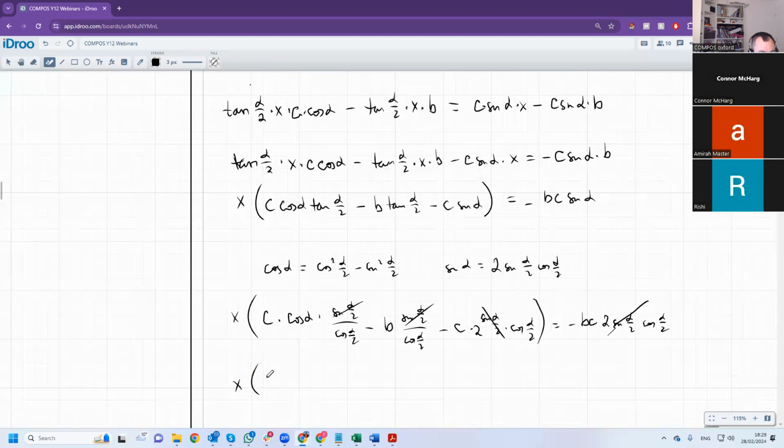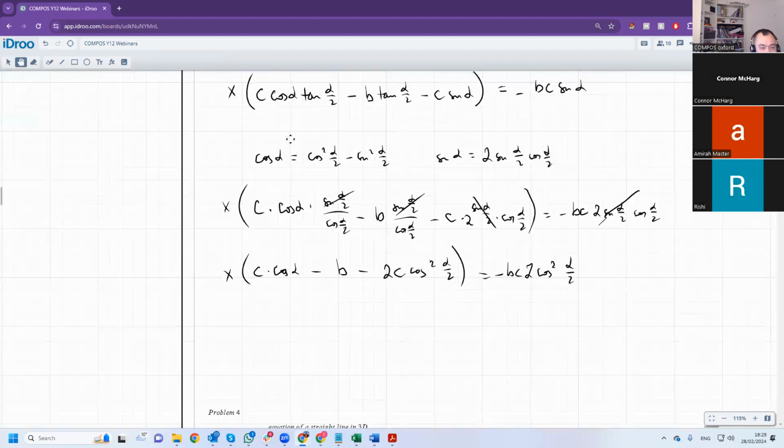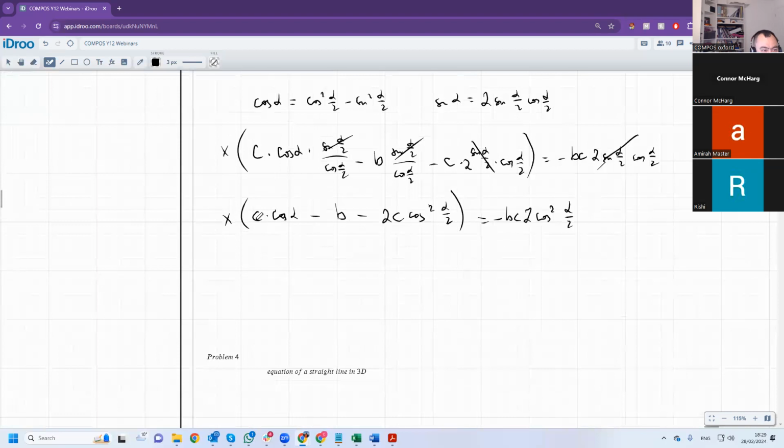So x multiplied by c cos alpha minus b, minus 2c cos squared alpha over 2, equals minus bc 2 cos squared alpha over 2. Actually, we might get some place, might get places.